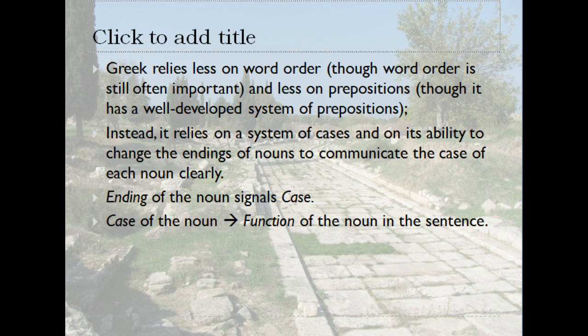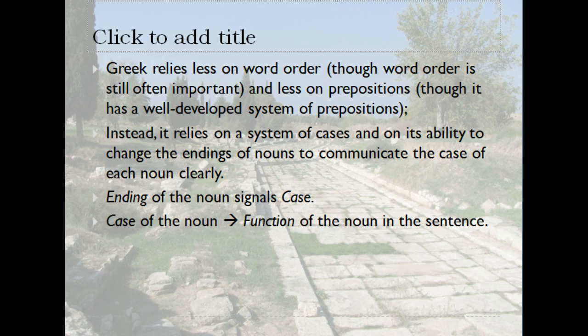The last part, in this case, os, is the part that can appear in a variety of forms, and the form tells you what case the noun is being put into, and the case of the noun communicates the range of functions that noun might have in the sentence.